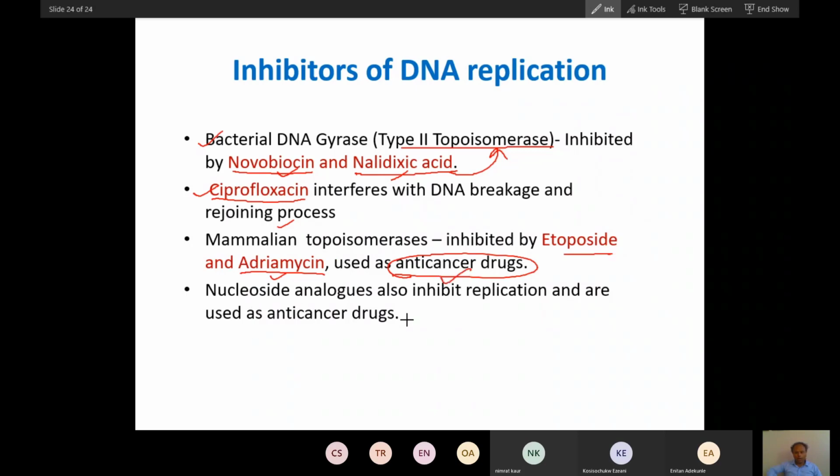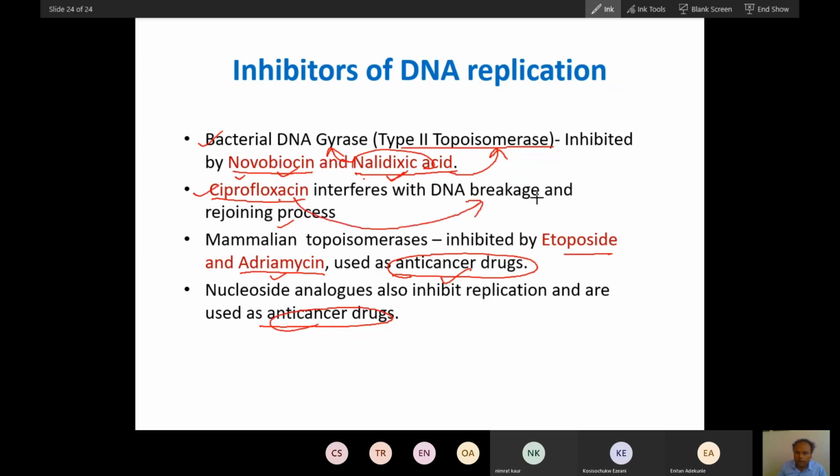Nucleotide analogs can also inhibit replication, and they are also used as anti-cancer drugs. So these are the inhibitors here. You can have a question: nalidixic acid inhibits which of the following enzymes? I can ask this question. Nalidixic acid inhibits DNA gyrase. Ciprofloxacin inhibits what?